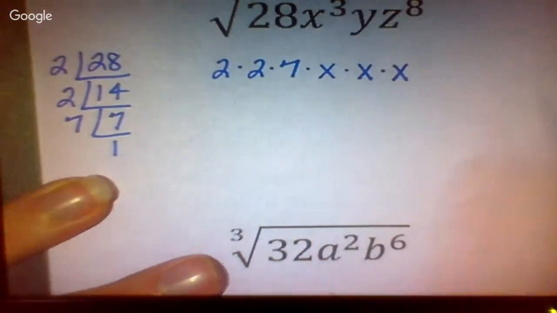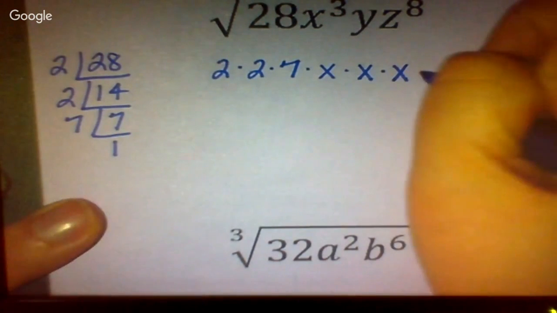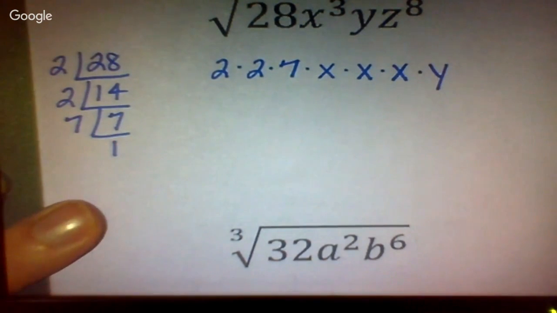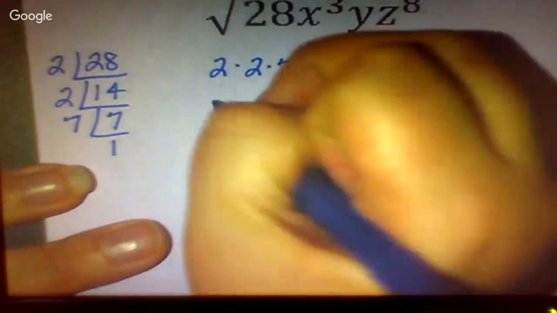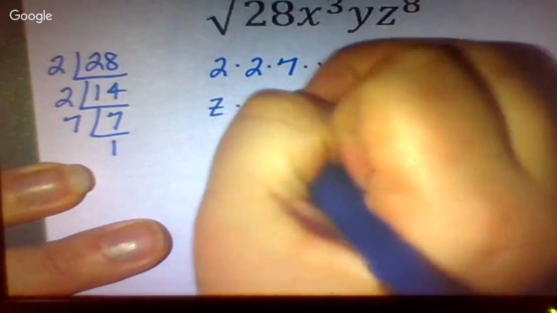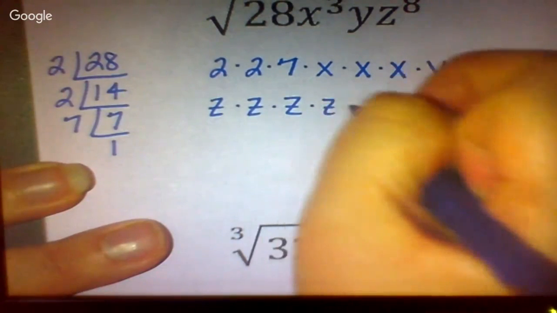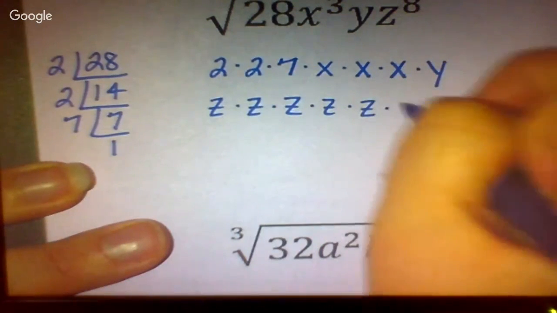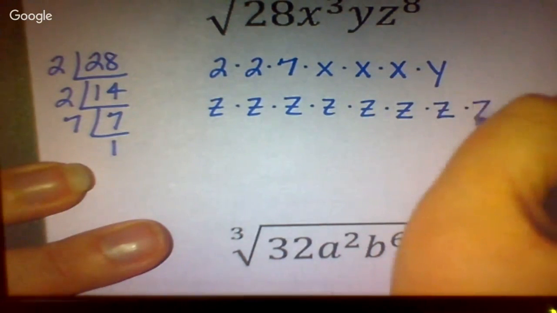Times x. We also have a y and 8 z's. If you need to step down and do your z's below it, that's fine. 1, 2, 3, 4, 5, 6, 7, 8.